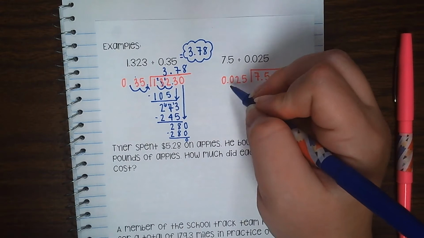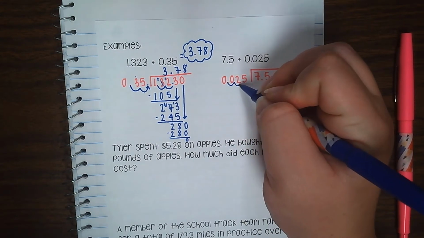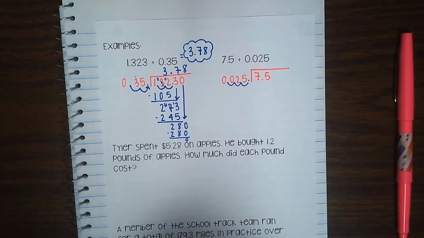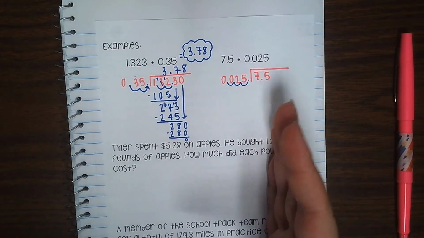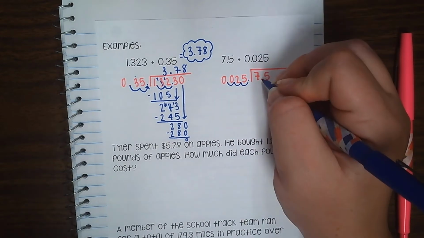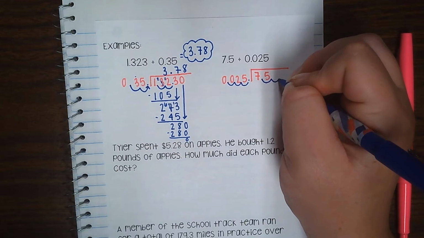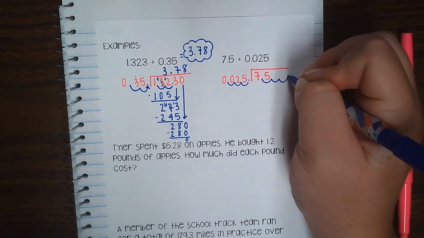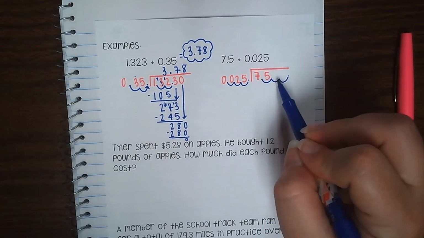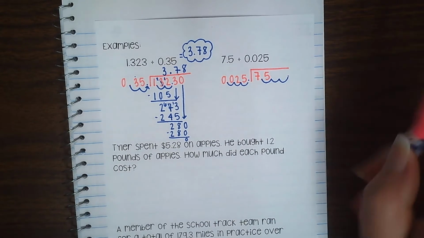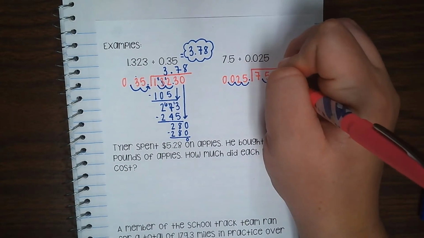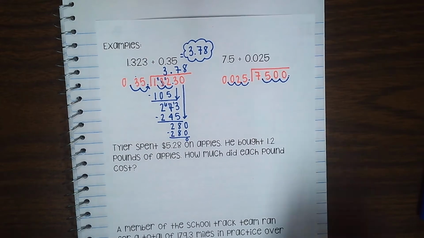Now, I'm going to move my decimal 1, 2, 3 times. I also have to move my inside decimal 3 times, 1, 2, 3. Now, I don't have any numbers right there, so I'm going to have to add in my placeholders, which are zeros.